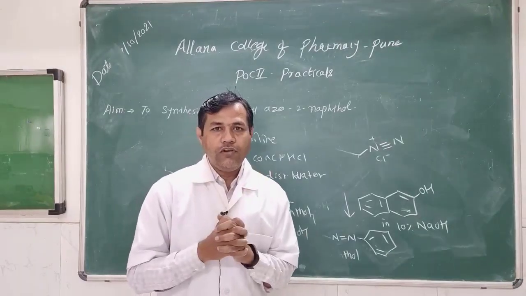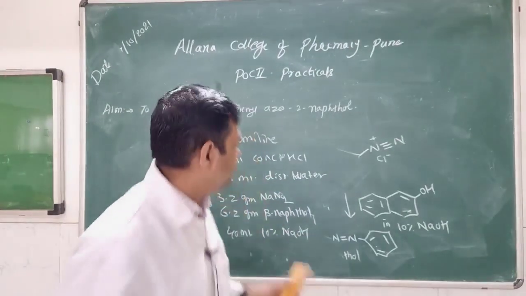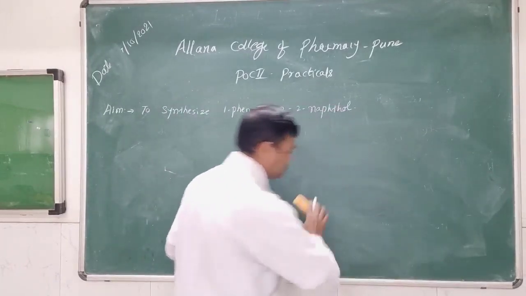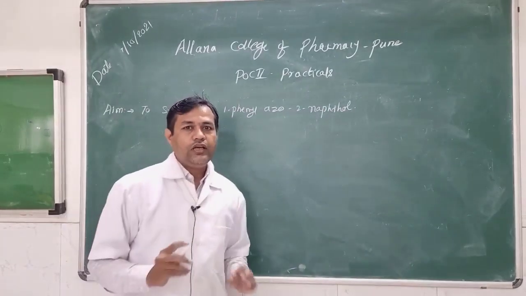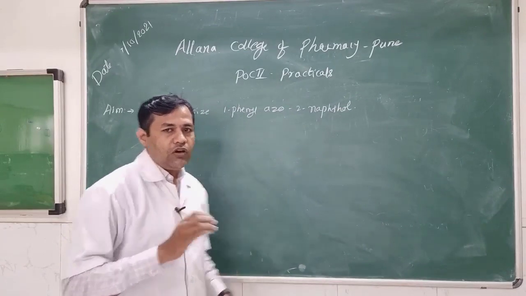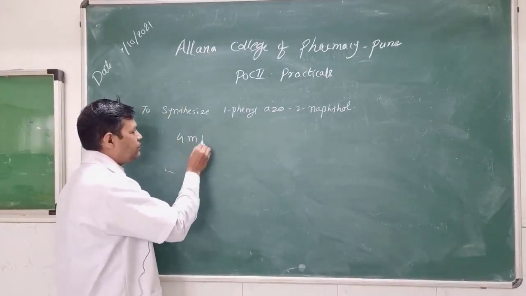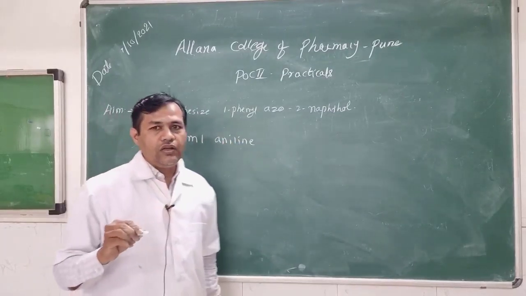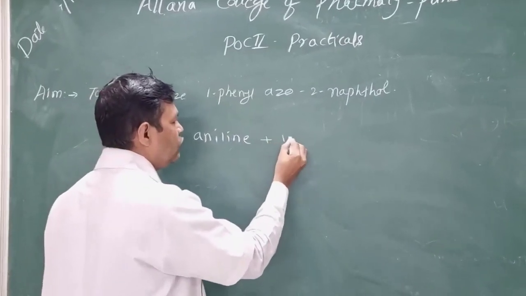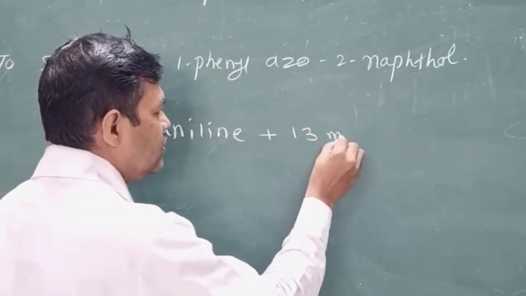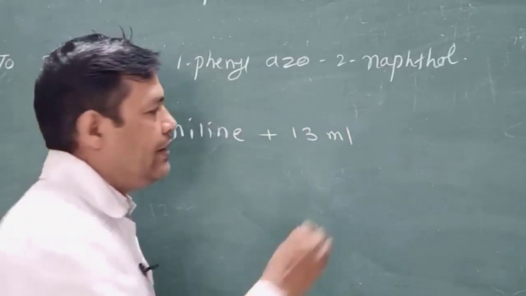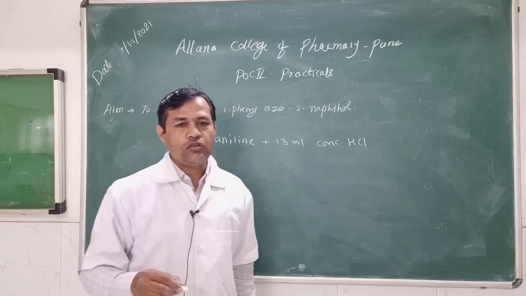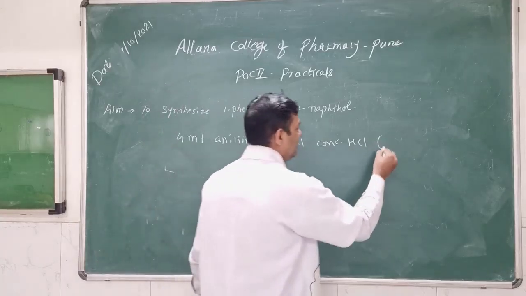So now I will explain the procedure of this synthesis. These are the requirements we have seen. So let us see the procedure. Here that is solution 1. What we have to do? We have to take 4 ml aniline, and to this 4 ml aniline we will be adding nearly 12.8, or you can say just 13 ml of concentrated hydrochloric acid, and we have to do this addition in a 250 ml beaker.